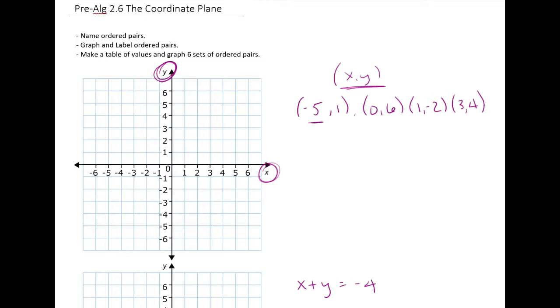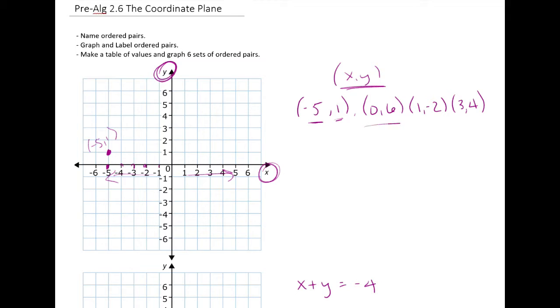So when I plot my first point, I'm moving on the x-axis to -5. So the x positive would be this way and the x negative would be left. So I'm going to count to 5. 1, 2, 3, 4, 5. There's -5. And then I'm going to go up 1 because this is my y value and my y value is positive. So here is going to be the point -5, 1.